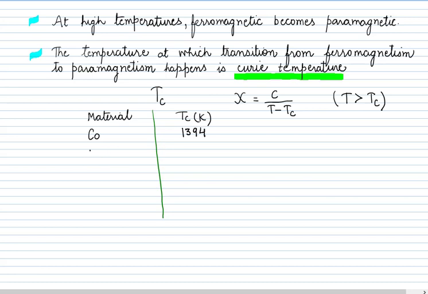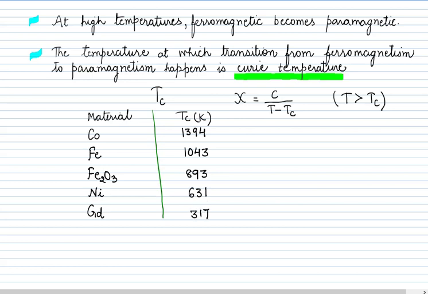For iron, that is Fe, ferrum, the temperature is 1043 Kelvin. If you take ferric oxide, Fe2O3, then the Curie temperature is 893. If you take nickel, which is a very good ferromagnetic material, then the Curie temperature is 631. And if you take gadolinium, then the temperature is 317.